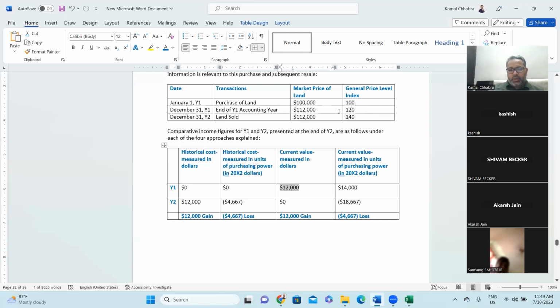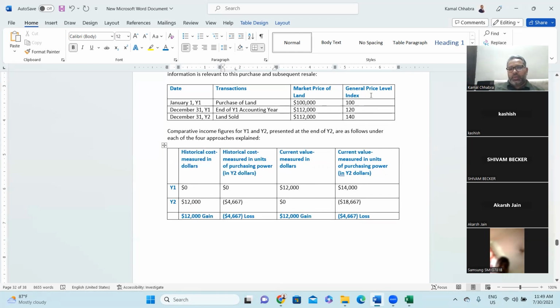Plus, in year 2, सर ये 24 होना चाहिए ना 14 के अलावा. In year 2, right?